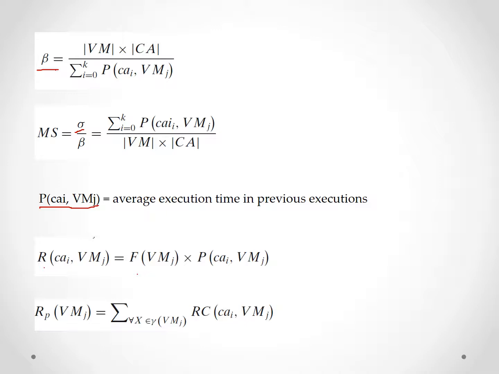Reliability cost is associated to virtual machine j in this equation. In this, total reliability equals the sum of reliability of all cloud activities in execution. In this, gamma of virtual machine j represents the set of cloud activities already executed in virtual machine j.